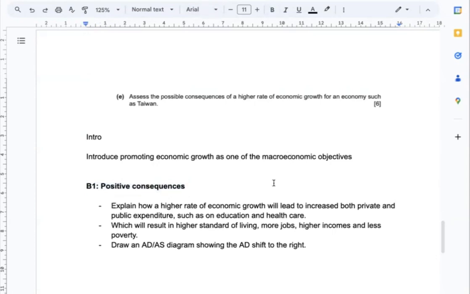I can explain how a higher rate of economic growth will lead to increased both private and public sector expenditure, such as on education, healthcare, leisure, all these kinds of things. So this will result in a higher standard of living, more jobs created, higher incomes available, and less poverty. Additionally, I can draw an AD-AS diagram showing the AD shift to the right to demonstrate the analysis.